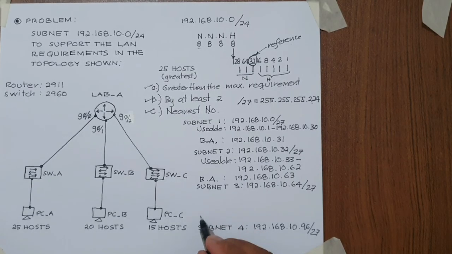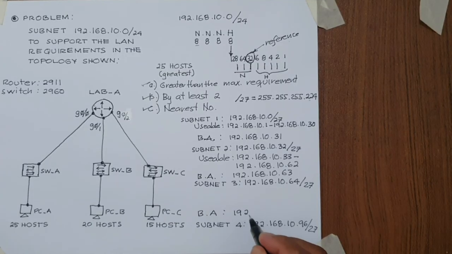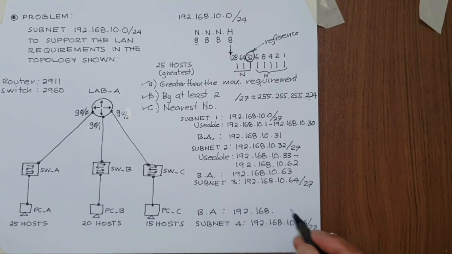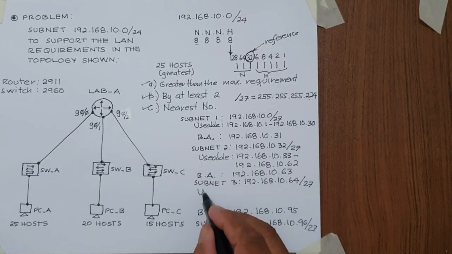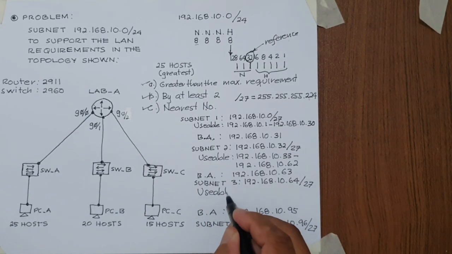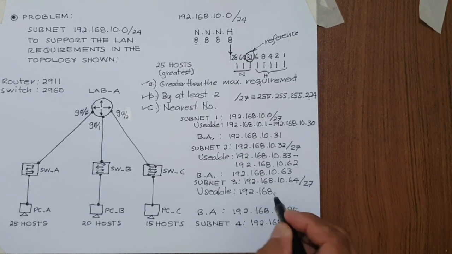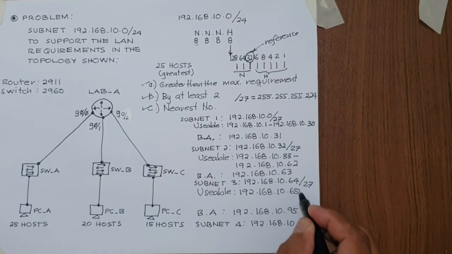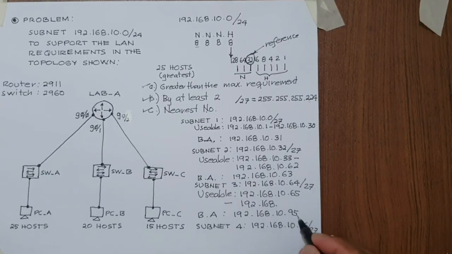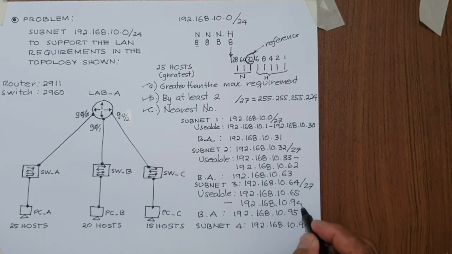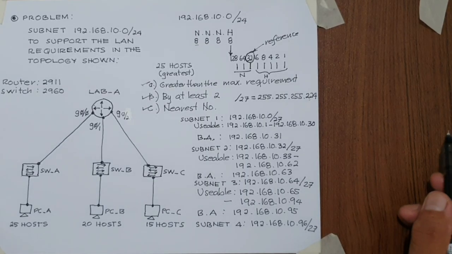And the third subnet, the broadcast address, will be 192.168.10.95. So the usable IP addresses here will be from 10.65 up to the IP address before the broadcast, which is 10.94, and these are also with a total of 30 IP addresses.